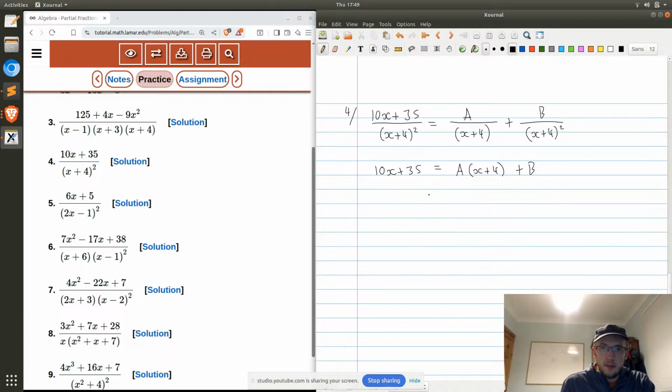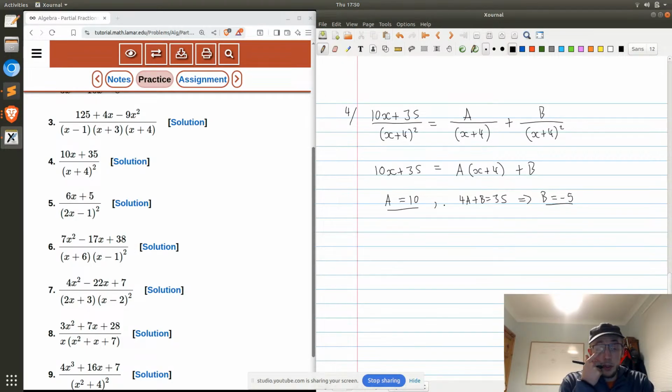And so then we learn that a has to equal 10, and b has to equal, no, just a sec. And then 4a plus b has to equal 35. Therefore, b has to equal negative 5.